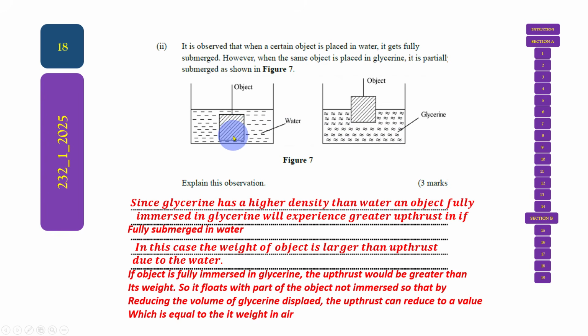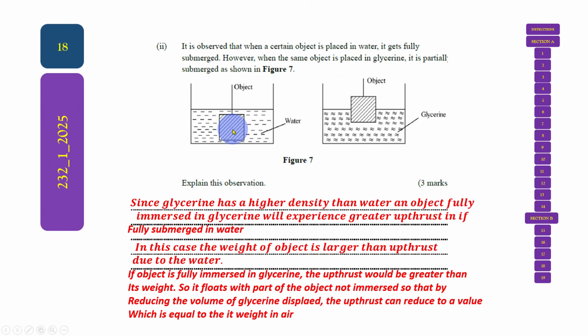It is fully submerged and therefore probably supported. Those are the three factors which you must be able to consider as you look at the reason why this is the case. Different densities, different volumes of liquid displaced, floating, here it is sinking, but the weight of the object in air remains the same.